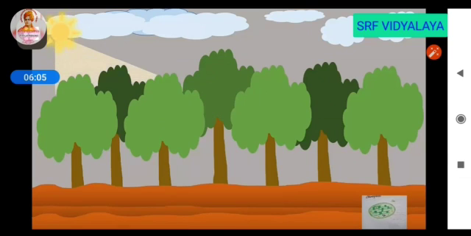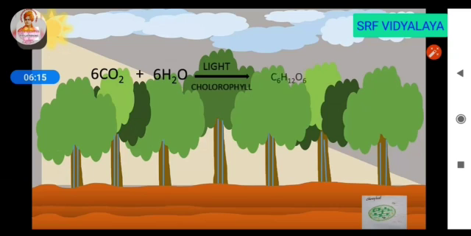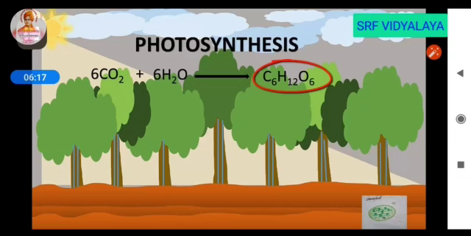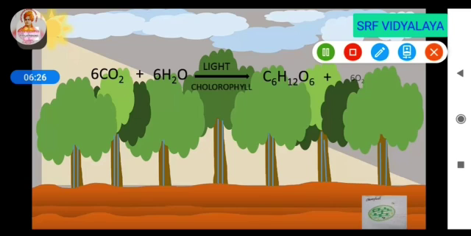Light is absorbed from sun. Pigment chlorophyll is already exist in the plant itself. Now, the plants prepare their own food, that is glucose, by the process called photosynthesis. 6 molecules of oxygen is given out as gas.